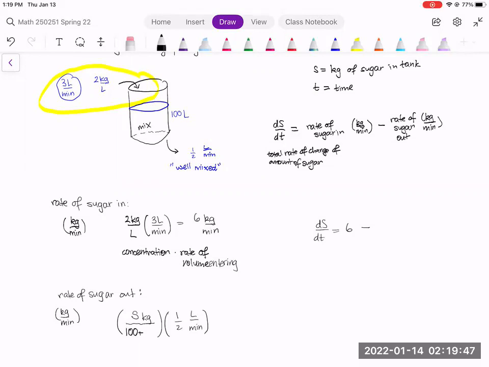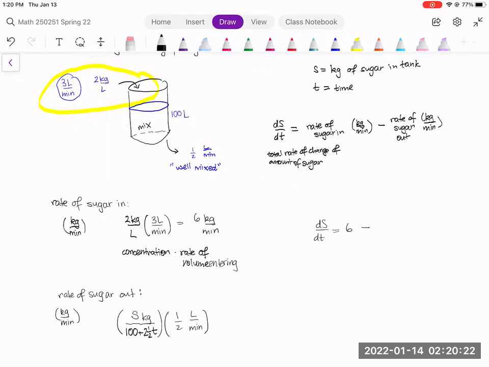So each minute we add an extra 2.5 liters to the system. And so what we're going to see is that our volume is always going up. And so our concentration is going to be how much sugar we have in the system, S, divided by how much volume we have in the system. We started with 100, and then we are adding in 2.5 liters times the amount of time that has passed.